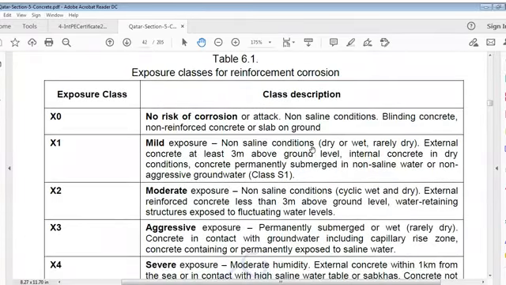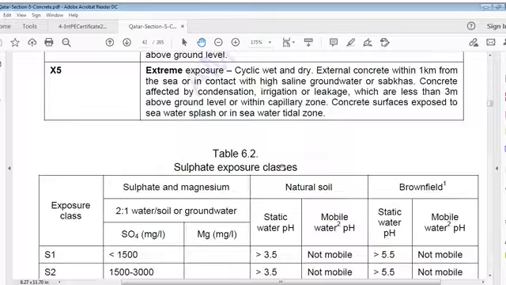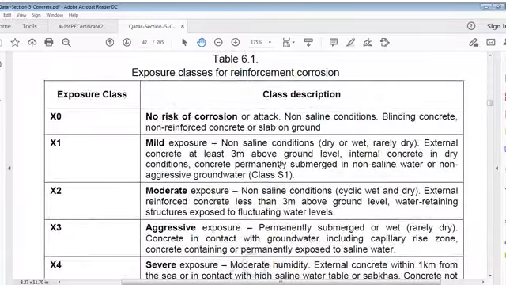Table 6.1, exposure classes for reinforcement corrosion. Here's a column of exposure class and then class description. Now it's X0, X1, X2, X3, X4, X5. Let us see what it is. X0, no risk of corrosion or attack, as we discussed before. Non-saline conditions, blinding concrete. Blinding concrete is concrete below a foundation which does not have any structural requirement, just removing unevenness of the formation level.